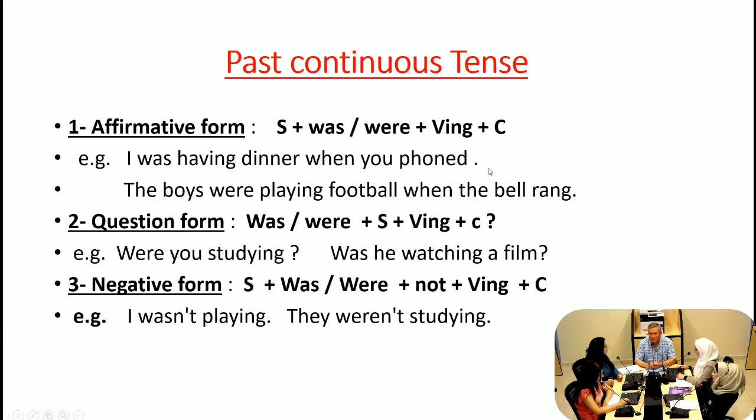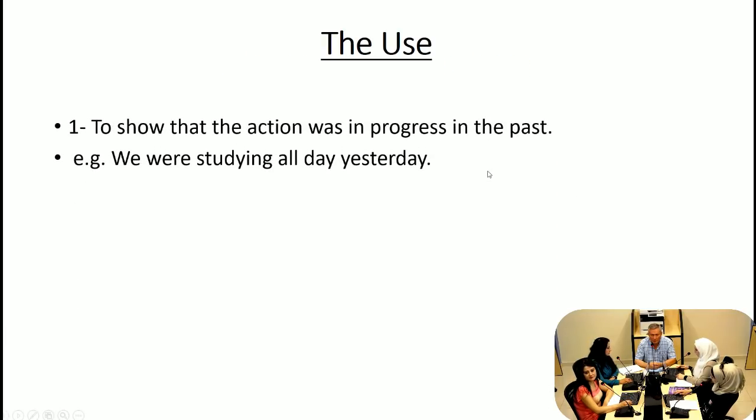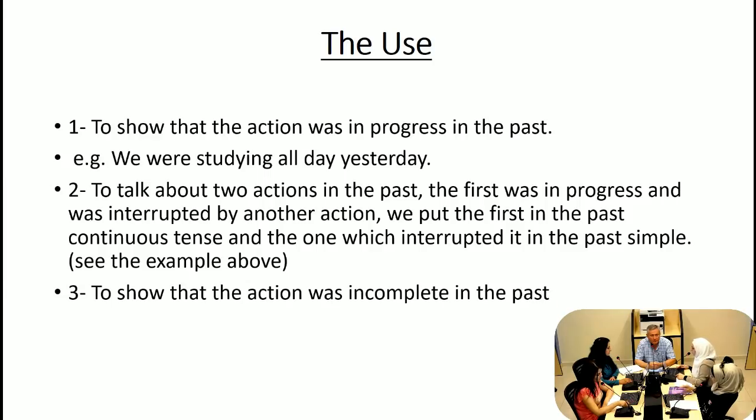Yes, next, Mr. Maher. The use, with Miss Zuka. Okay. We use the past continuous to show that the action was in progress in the past. For example, we were studying all day yesterday. And we usually say to the students, when we have all plus time, it is a long action.